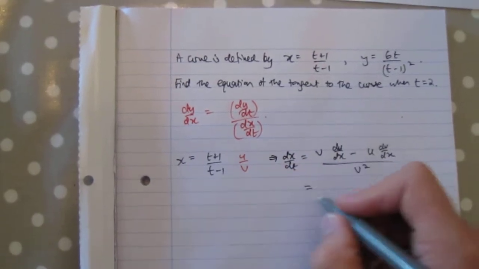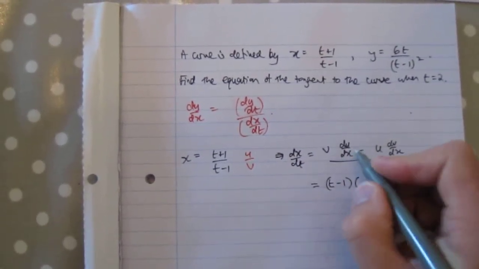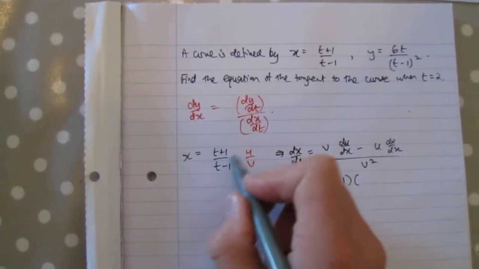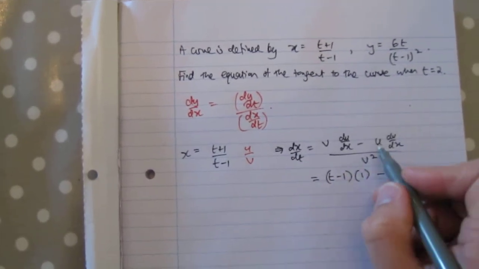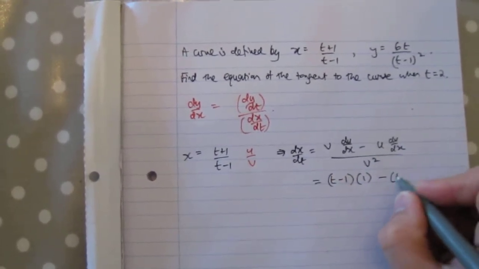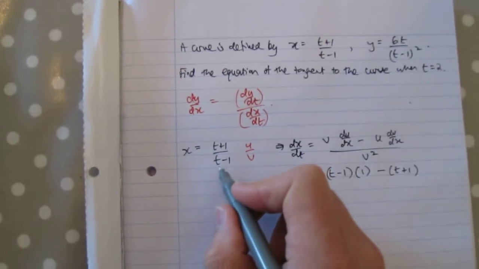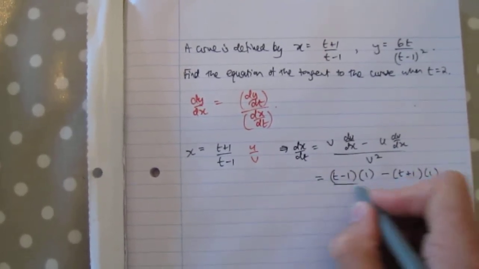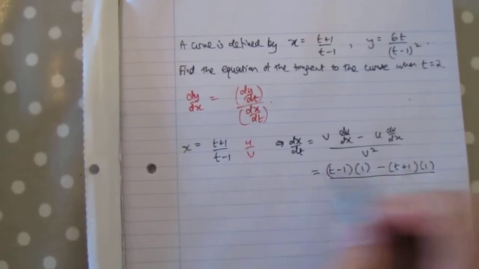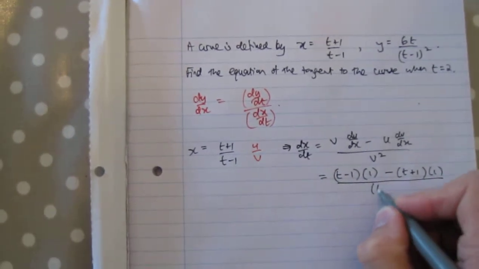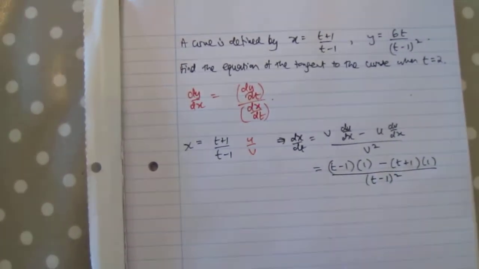So v is t minus 1, du/dx is the derivative of this, so that's just 1. u is t plus 1, and dv/dx is the derivative of the bottom line, which again is just 1. Differentiate t, you get 1, differentiate minus 1, you get nothing. And then v squared is (t minus 1) squared.